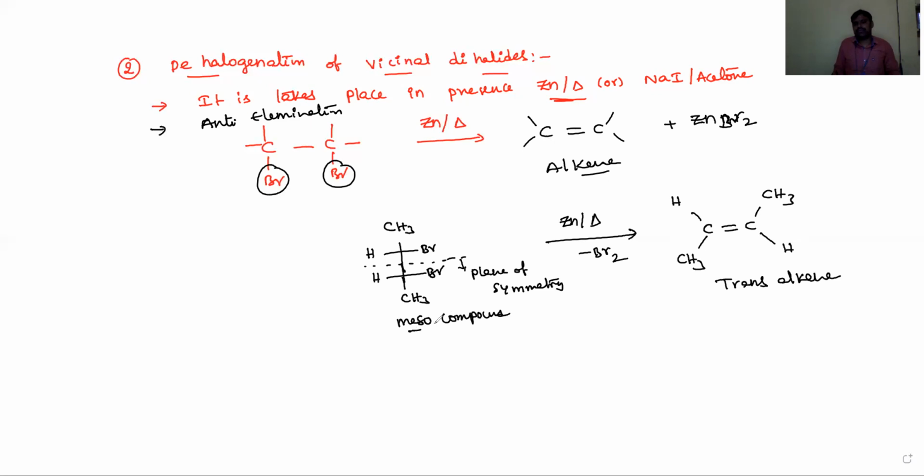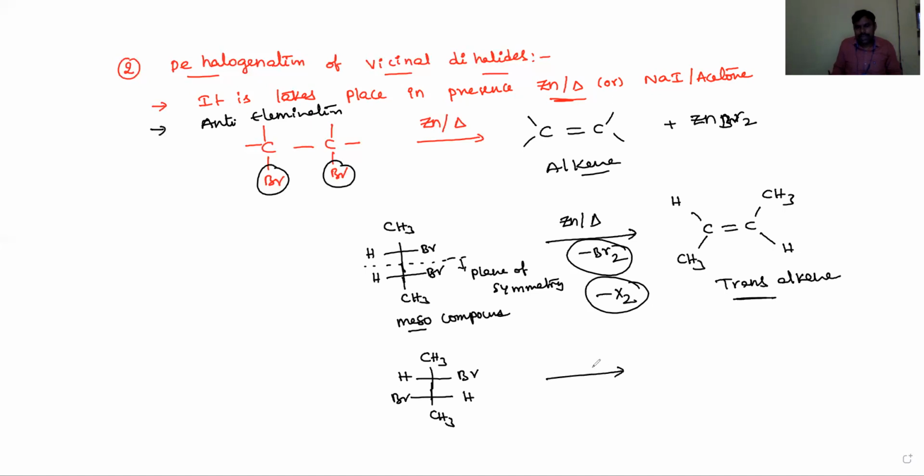Okay, dear students, the meso compound on dehalogenation gives a trans alkene. And for the active vicinal dihalide, on dehalogenation it produces a cis alkene.